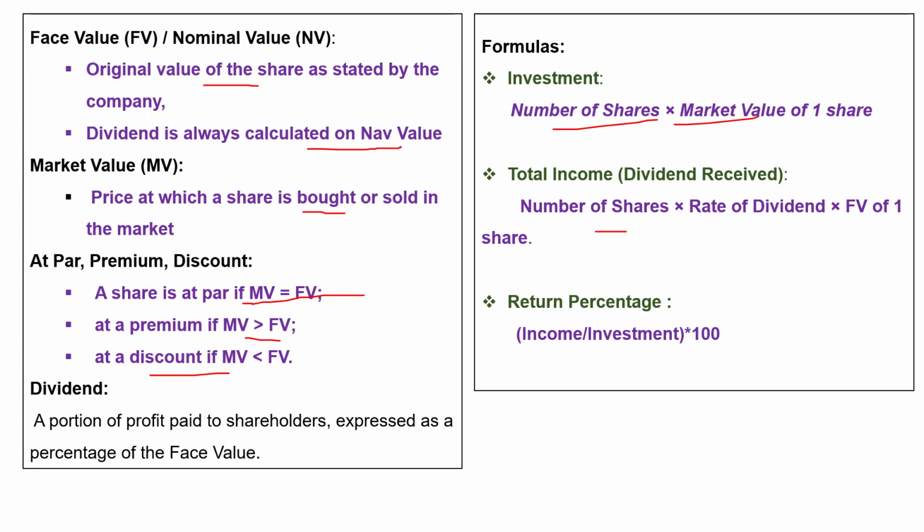It is the number of shares into rate of dividend per share, dividend percentage into your face value of one share or your nominal value of a share. Now what is return percentage? It is total income received divided by the investment. So income upon investment into 100.